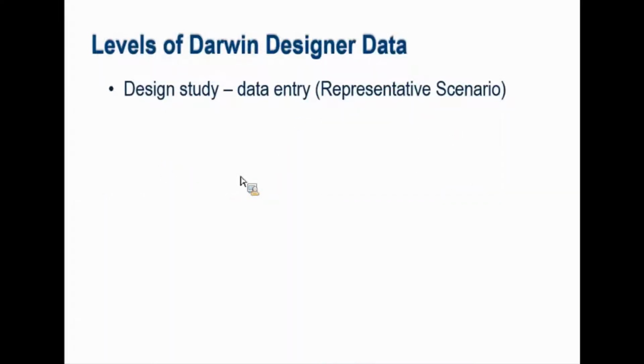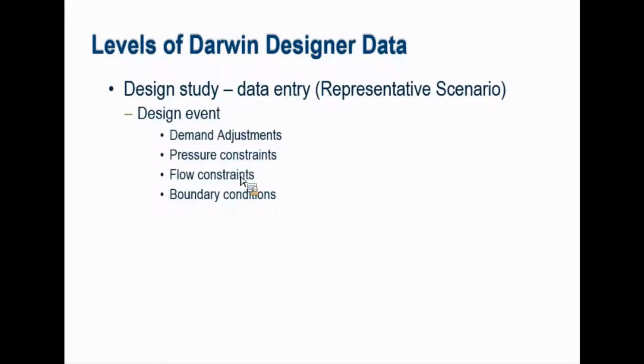A design study, much like Darwin Calibrator, is where you enter the lion's share of all the data and the information. You'll pick a representative scenario. You'll set up a design study event. You'll make any demand adjustments locally, set your pressure constraints, minimum and maximum pressure constraints, any flow constraints, or any boundary conditions that are going to be unique to this design that you're trying to run.